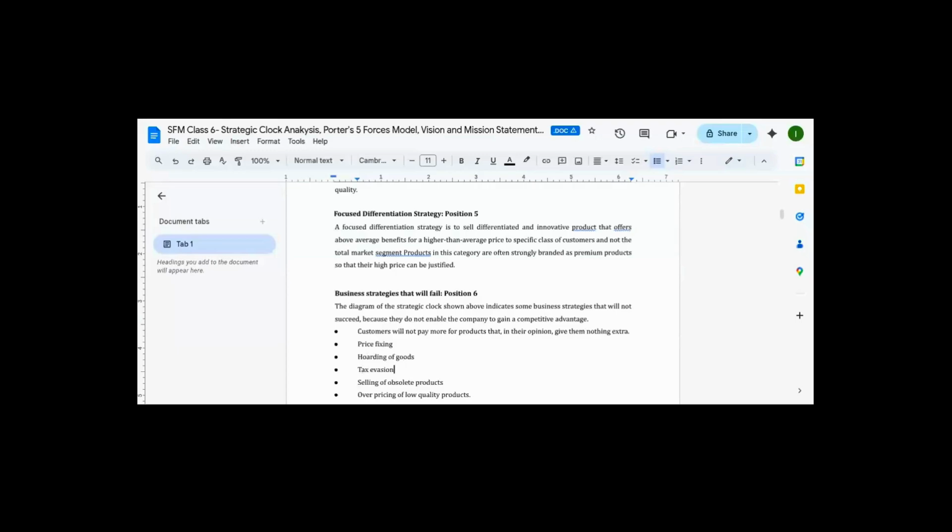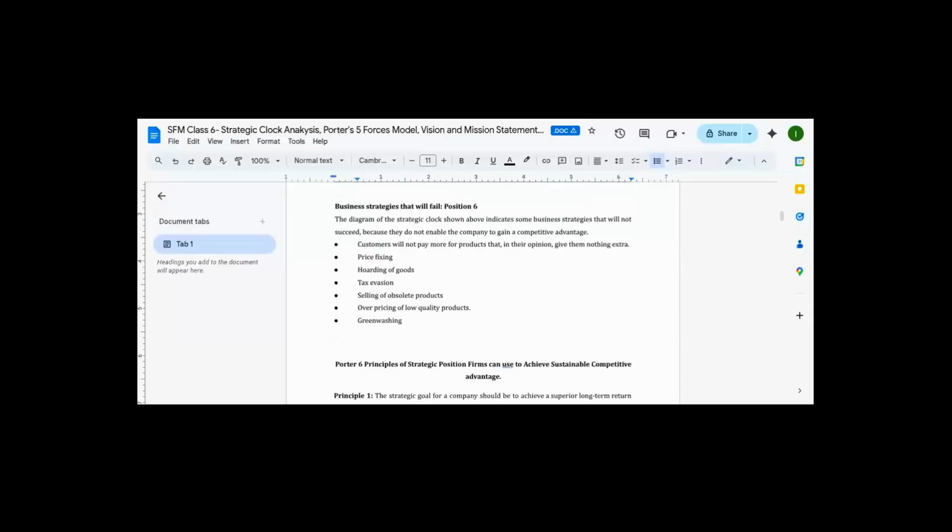Tax evasion is a strategy that fails. Another one is selling of obsolete products. Obsolete products are unwholesome products that are not fit for consumption. We call them obsolete products because they are expired products, products that have reached their expiration.